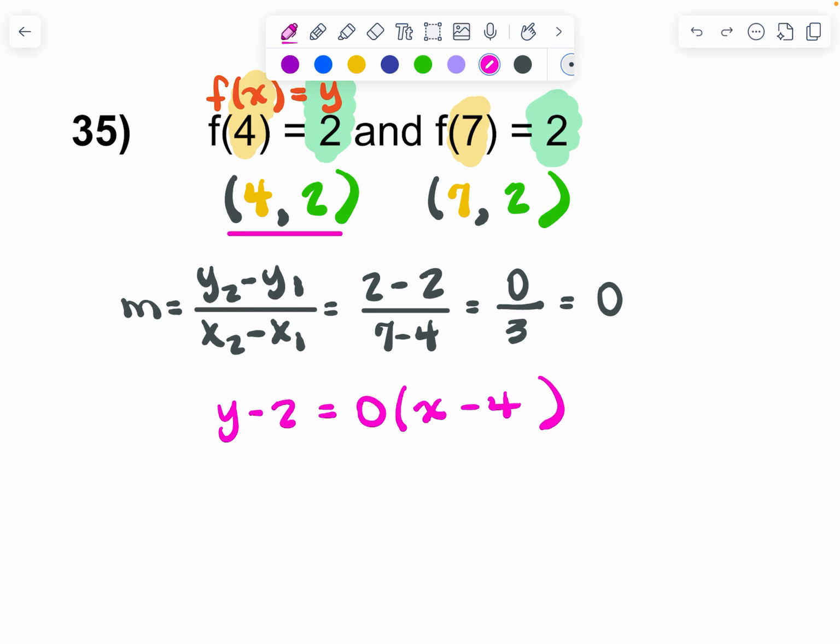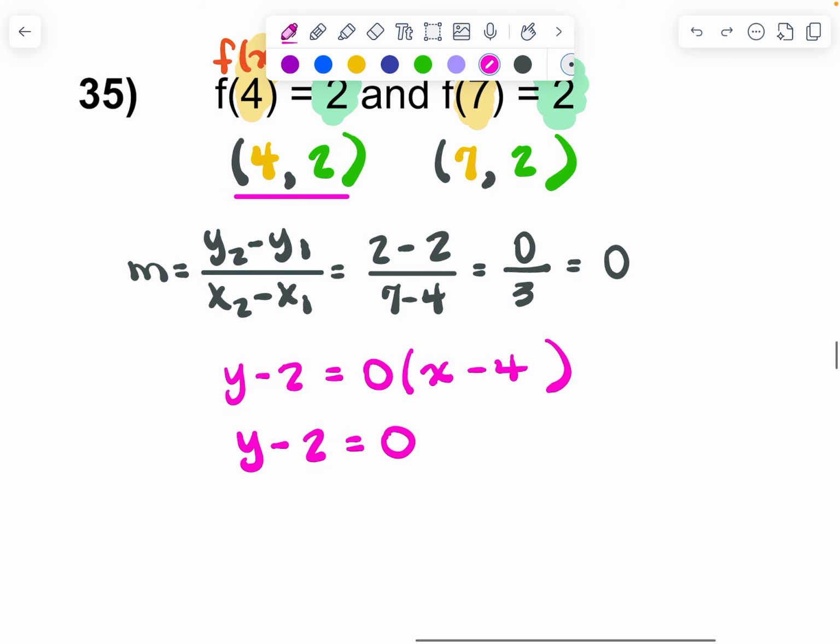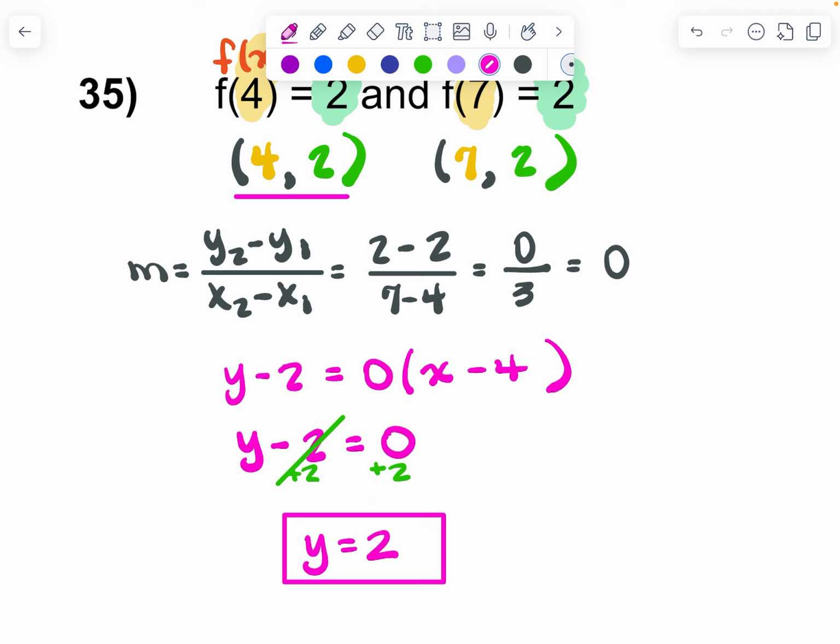Now look at this. 0 times x minus 4. Well, what's 0 times anything? 0. So all that mess over there is just 0. Then I'm going to add 2 to both sides to get the y by itself. And that is my equation of the line, y equals 2, which I'm hoping makes perfect sense.